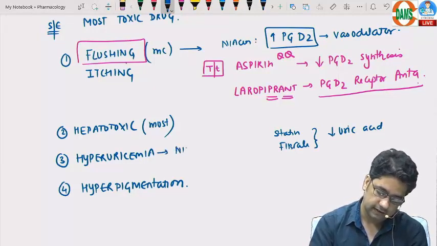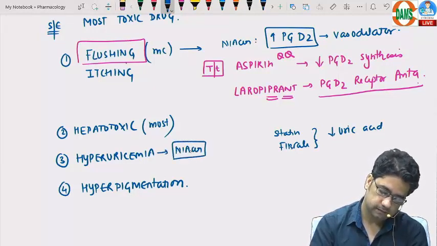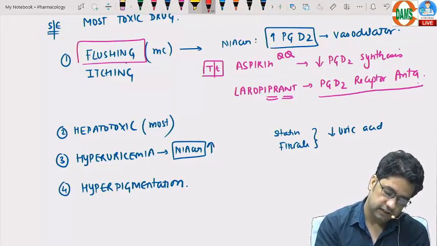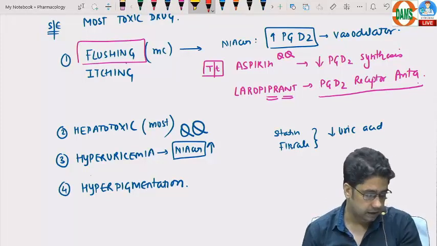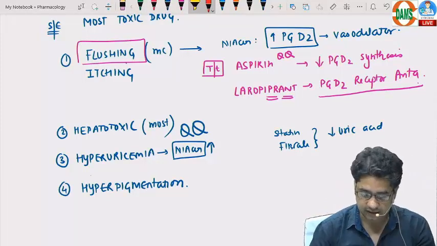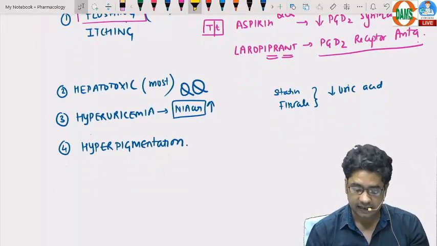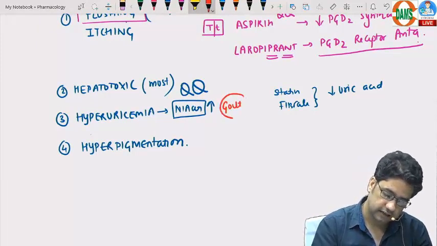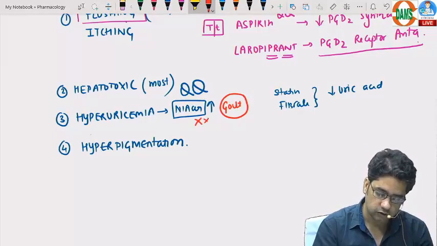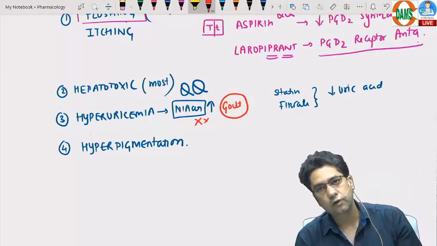Niacin increases uric acid level. This question has been asked many times. Which hypolipidemic drug increases uric acid level? Niacin. Hence it should not be given in gout patients. Which drug will you not give in gout? You will not give niacin, you will give statins.